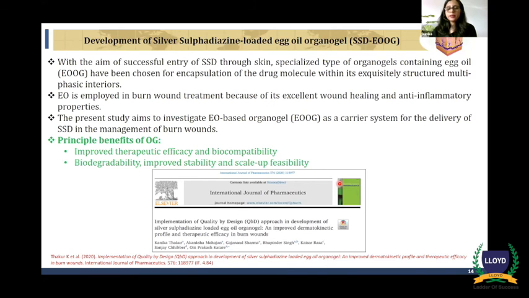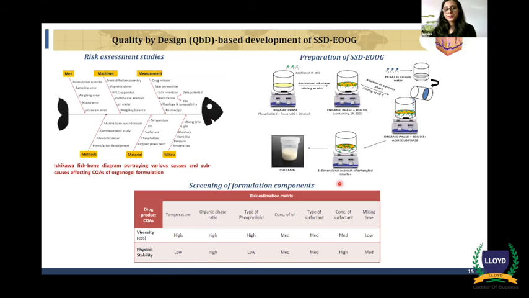So in this case, as I discussed before, I have used the formulation by design approach, or quality by design approach. First of all, the risk assessment studies were performed. Basically, this is a study to identify what kind of risks might come into the formulation, as well as the response variables which we have.